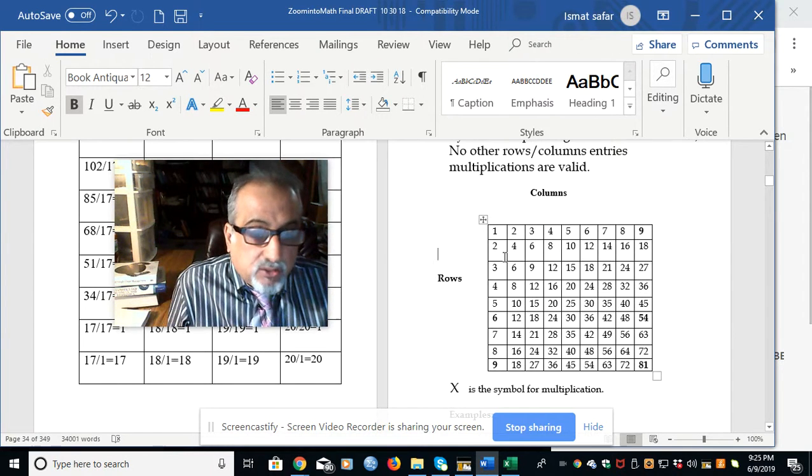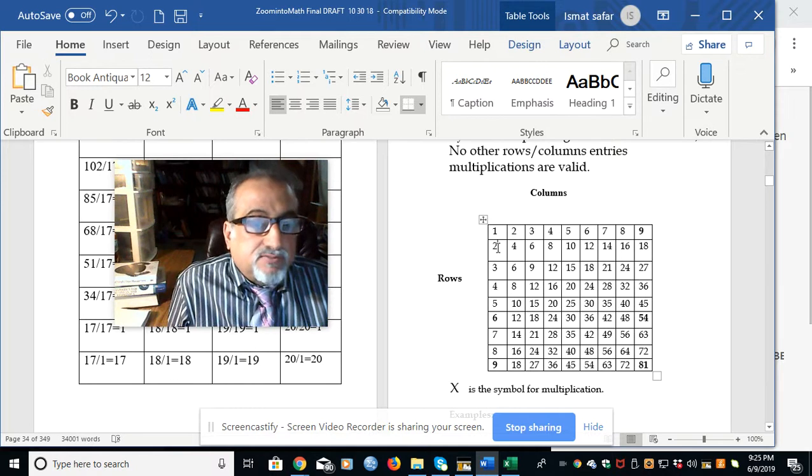Each one of these numbers multiplied by 2. The answer is this one here: 3 times 2 is 6, 4 times 2 is 8, and so forth.